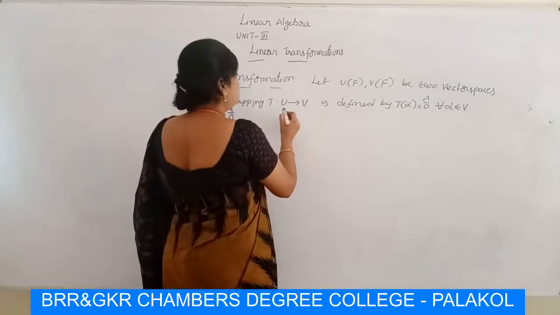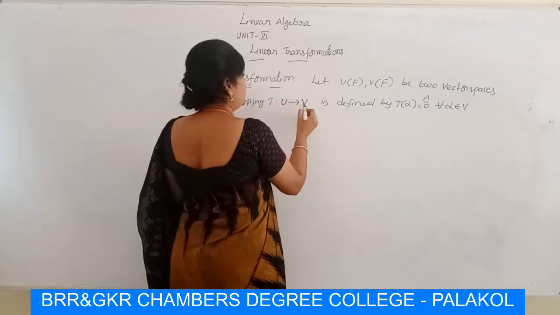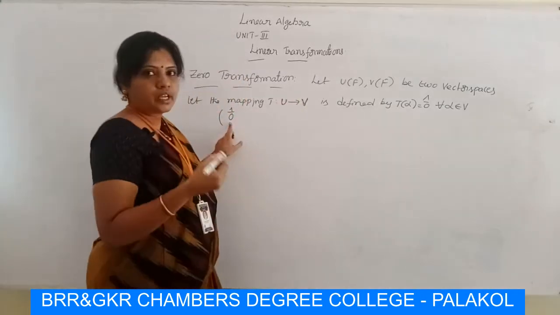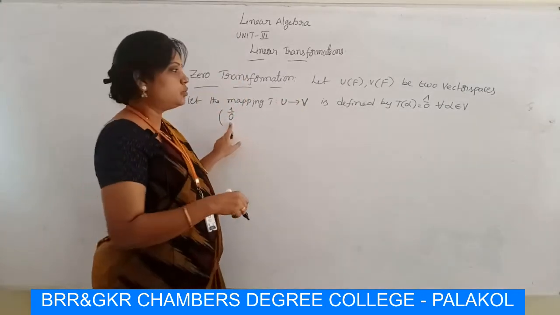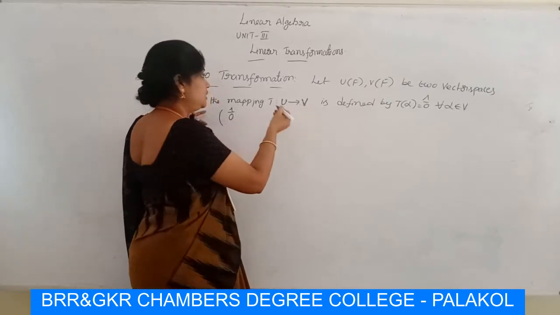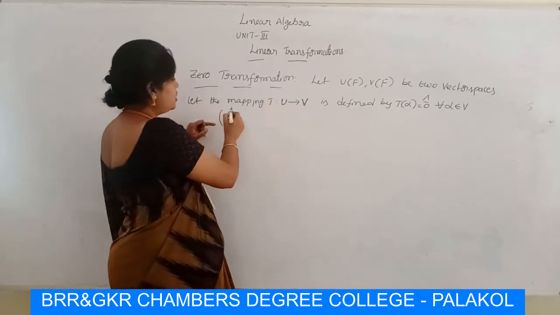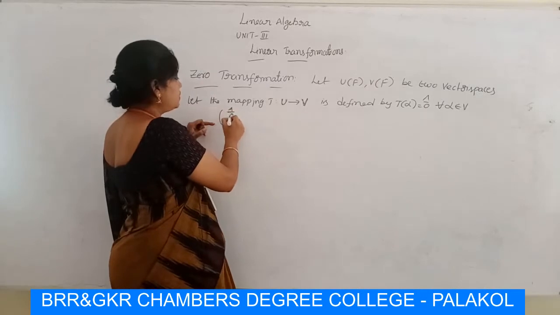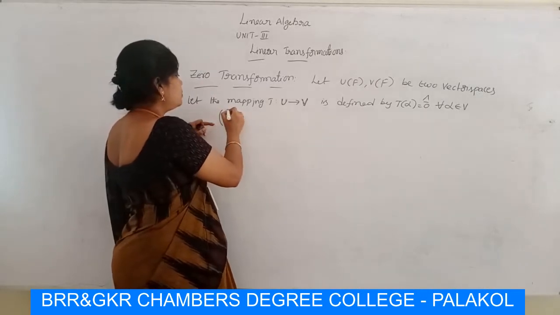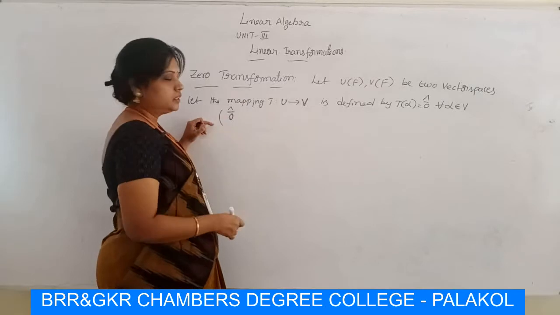Here we have two vector spaces U and V. In vector space U, the zero vector is 0 bar. So differently we write the zero vector of V as 0 crown. We read it as 0 crown, and we write it as 0 bar with a cap.